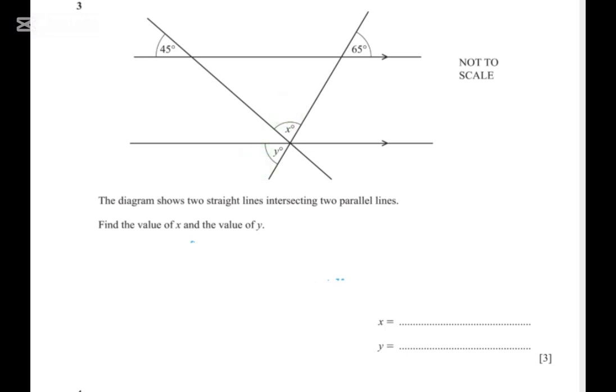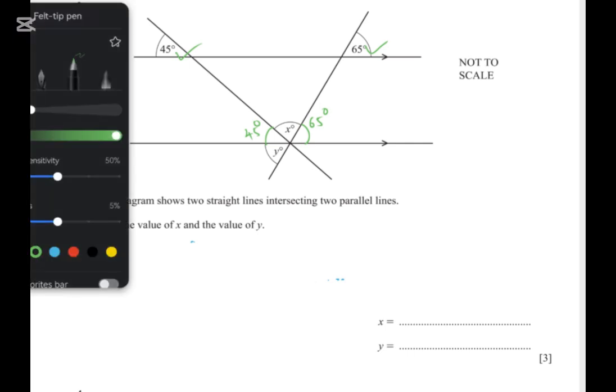Directly we cannot find it here. We first look at the given angles and find other angles using the parallel lines. The corresponding angle of 45 is this angle, so this is also 45, and the corresponding angle of 65 is this angle, so this is also 65. Using these two angles we find x.